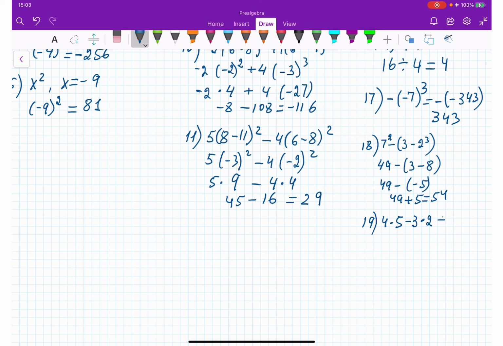Plus negative 10. Okay, 4 times 5 is 20. Minus 6 minus 10. 20 minus 6 is 14. Minus 10 is 4.